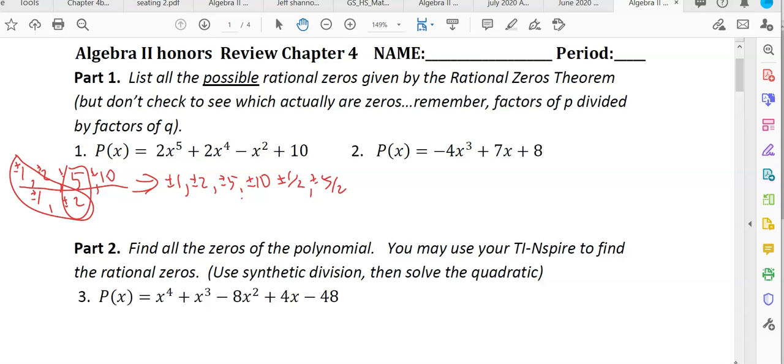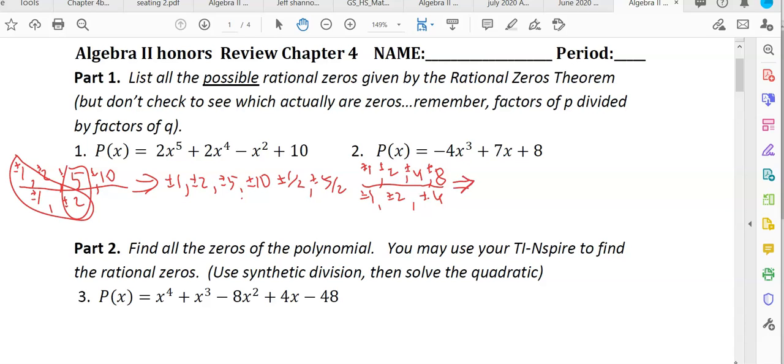Factors of 8 divided by factors of 4. So this would be 1, 2, 4, and 8. All those plus or minus. And then 1, 2, and 4. All those plus or minus.